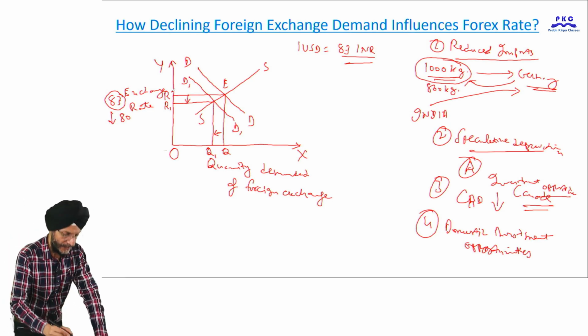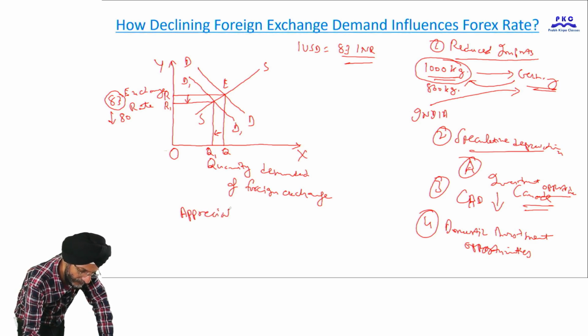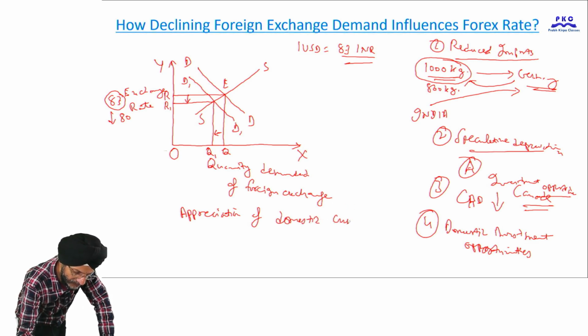What it means? It means that there is appreciation of domestic currency. How is it?